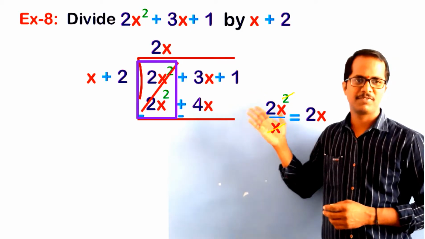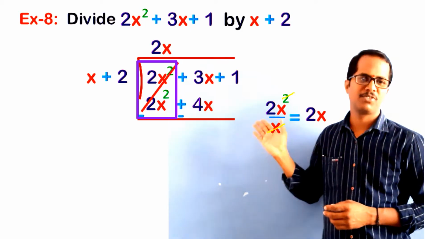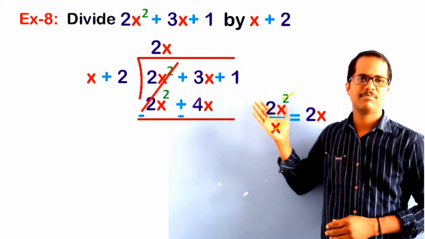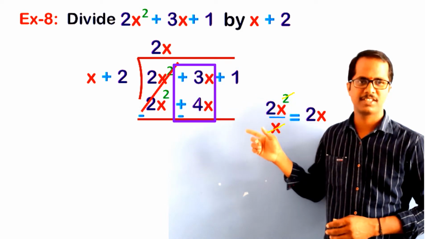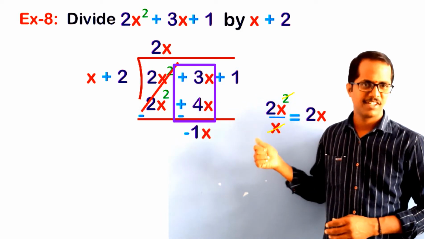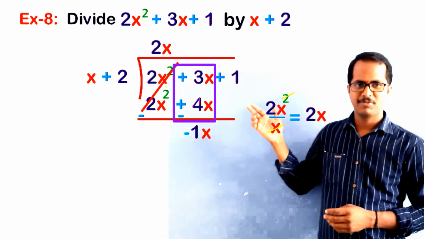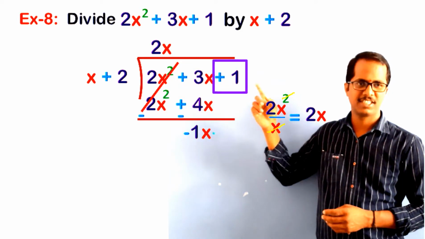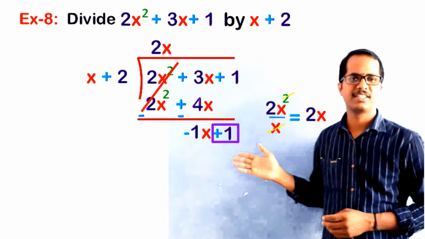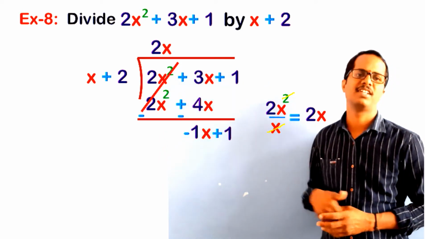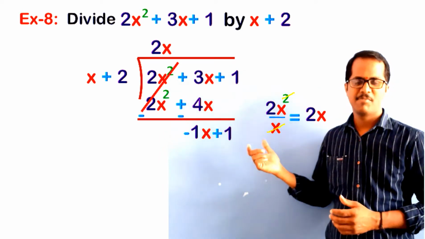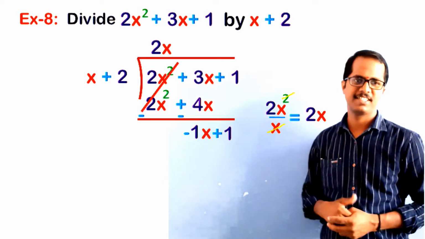Both are equal terms with different signs, so we get 0. Next we have plus 3x and minus 4x. By simplifying this, we get minus x. Now bring down the constant, that is 1, to this step. So we get minus x plus 1 as the next dividend.